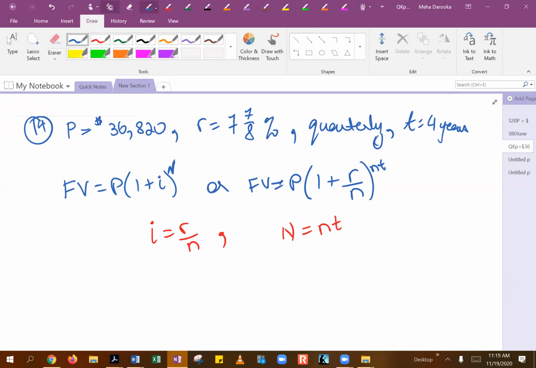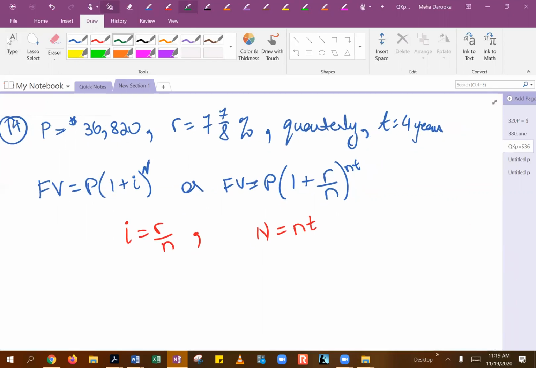And this is what I would call my small n value. Because when they're saying quarterly, that means you are looking at a compounding period of 4 quarters in a year.